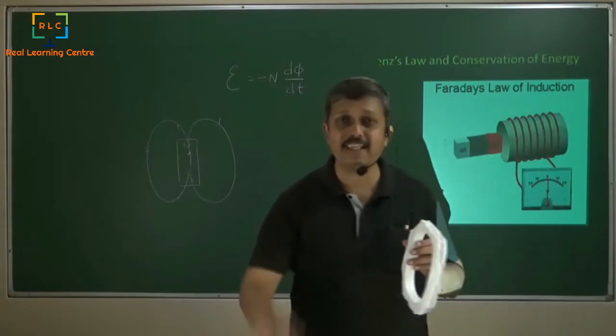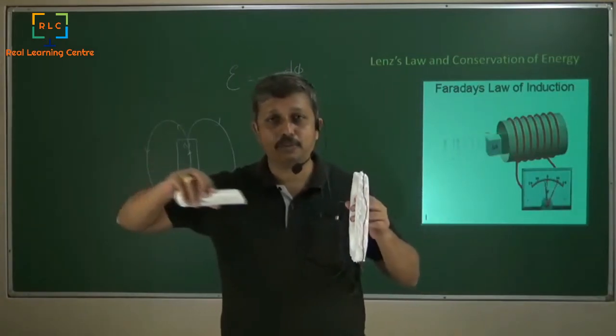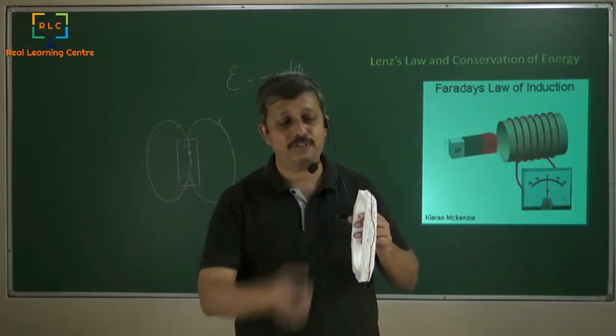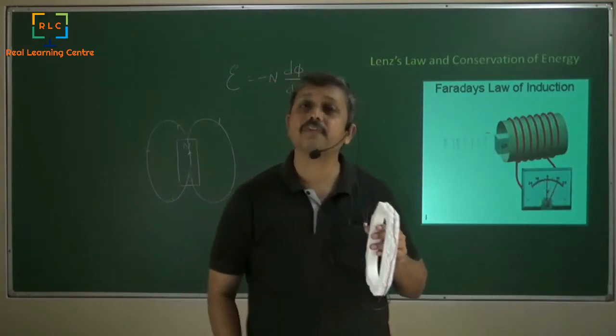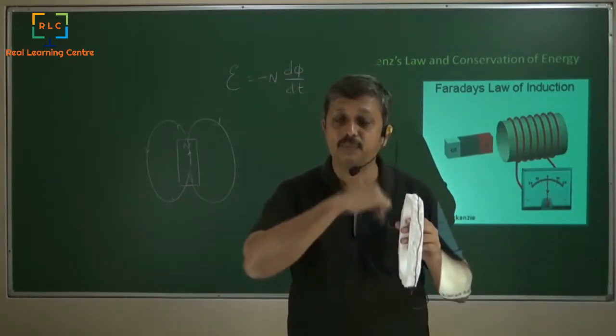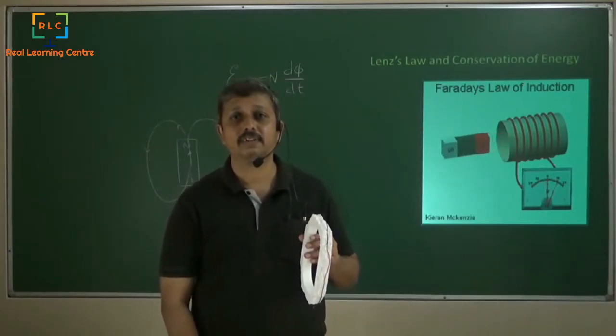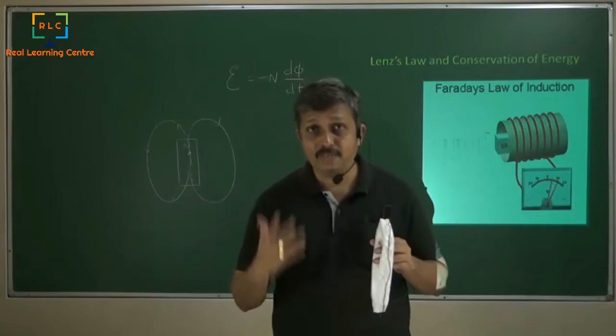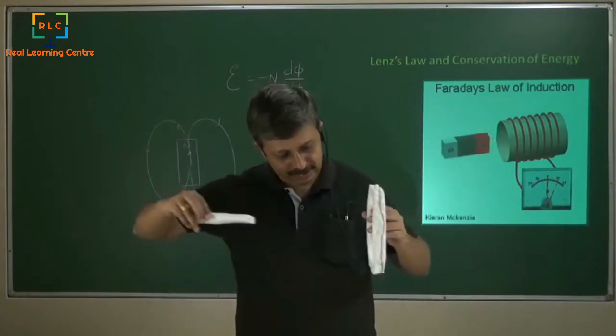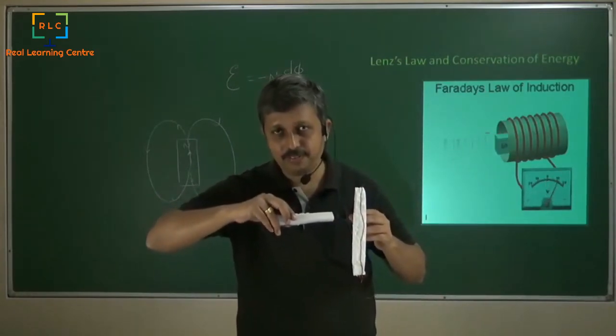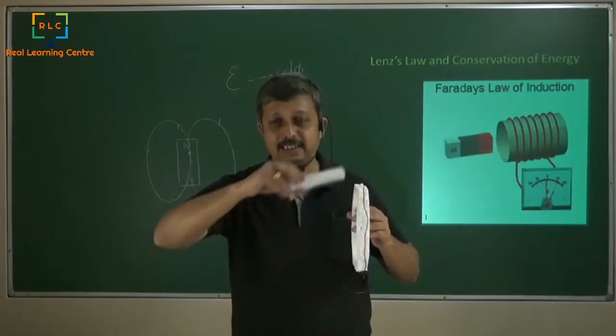So whenever I try to push a magnet here, it produces a current in this direction. Why? Because that is the way you can oppose it. Do you understand that?